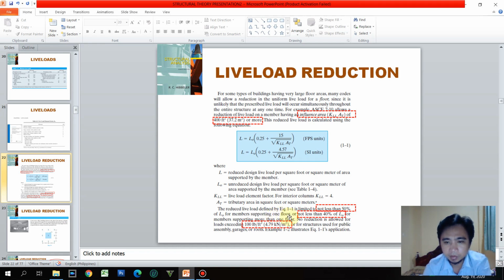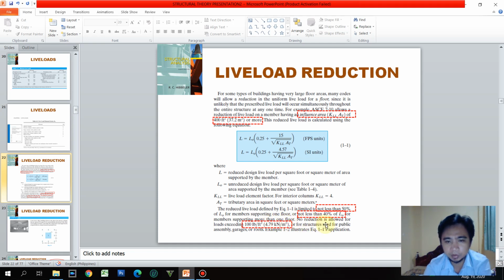It is also not allowed that 1 could be reduced to 0.44 for members supporting more than one floor. So that's the limit. Your original load could not be reduced more than 50% for one floor, or more than 60% for members supporting more than one floor.